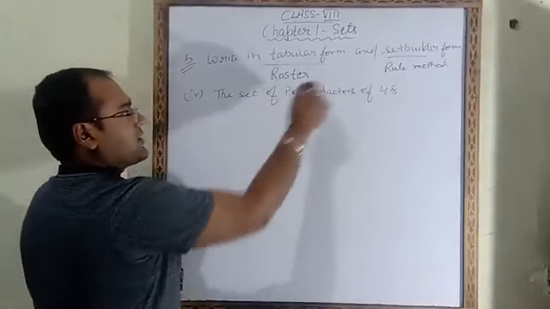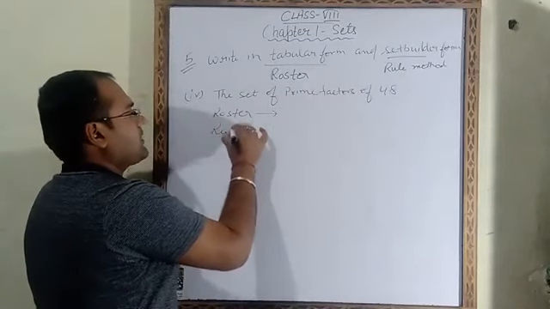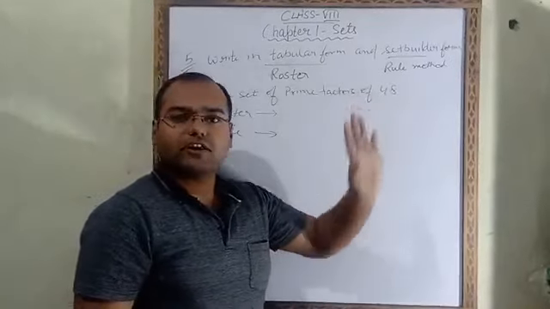We have to write both methods. We have to write the roster and the rule method also. Prime factors of 48 we have to write.